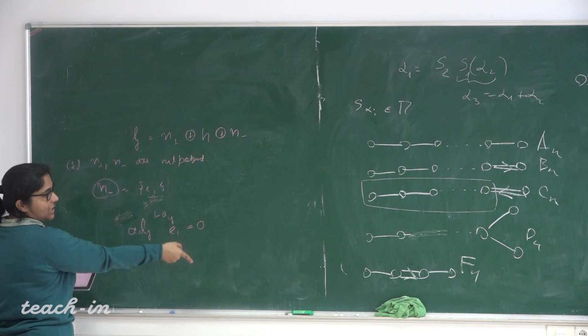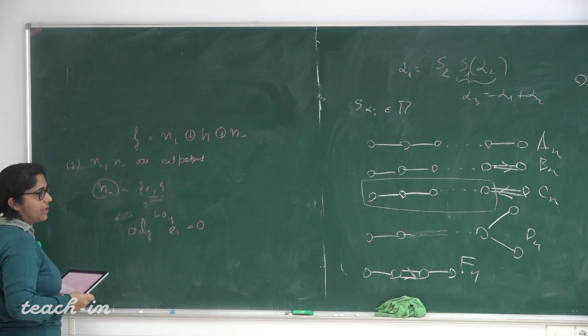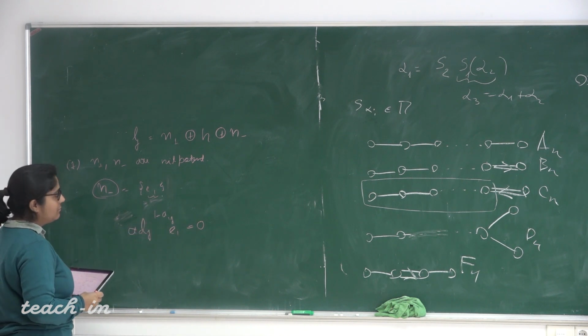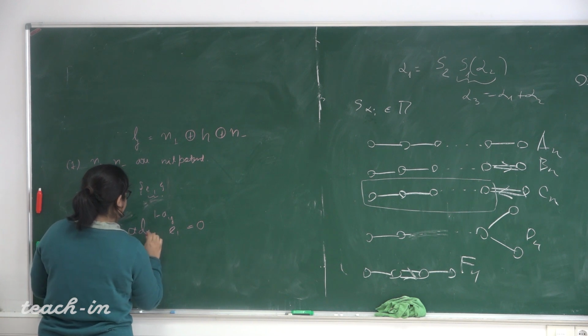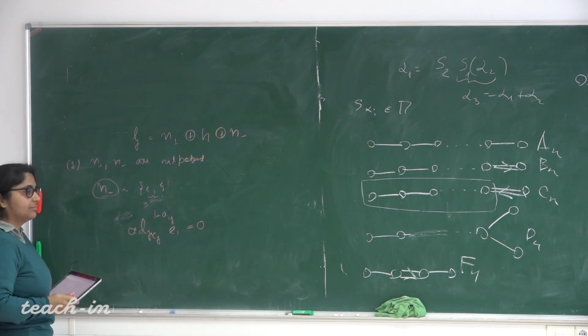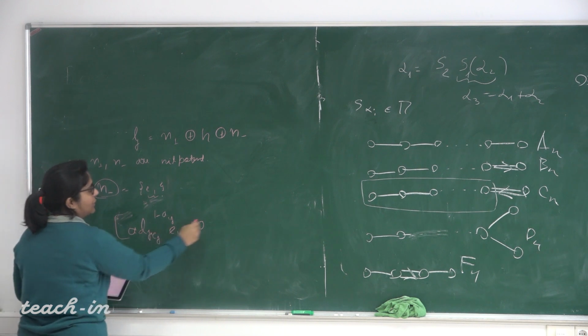So in the adjoint representation, at some point, I'm saying that it's 0. What is the subscript of ad here? It's adjoint. And this is from the Serre's relations.